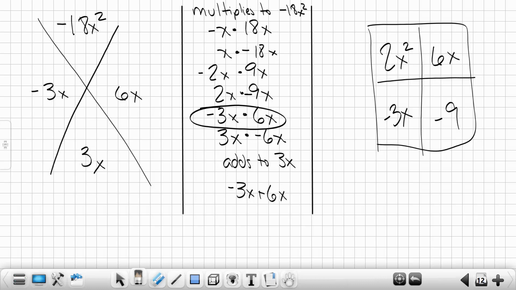So let's go here. Negative 3x and negative 9? Negative 3. 2x squared and 6x? 2x. 2x squared and negative 3x? X. 6x and negative 9? 3. X plus 3 times 2x minus 3. There's my factored answer.